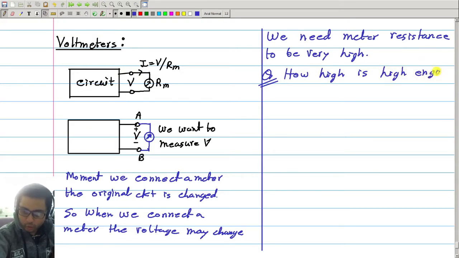Should it be 1 kilo ohm or mega ohm, or how much? Again, as we saw in the similar question with ammeters, this answer for voltmeters also depends on the circuit that we are probing, that we are measuring. So to answer this question, we will use Thevenin's theorem.